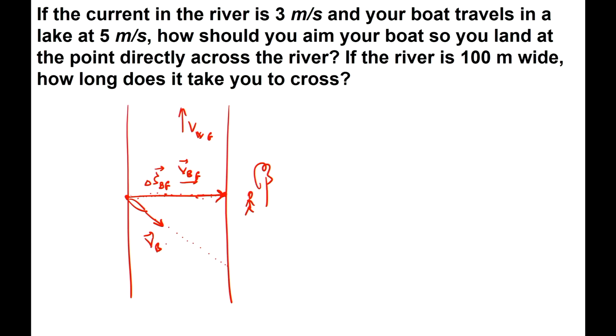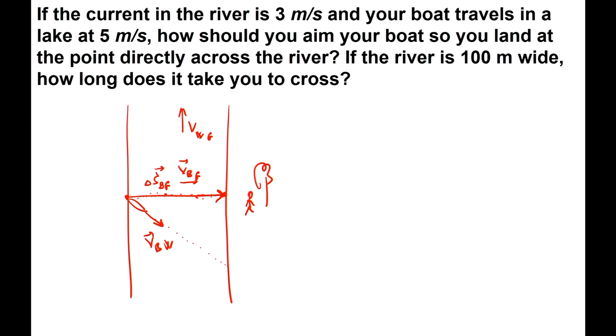So what letter should I add to this velocity? Water. This is the velocity of the boat relative to water. That's how it would travel in still water, in a lake.